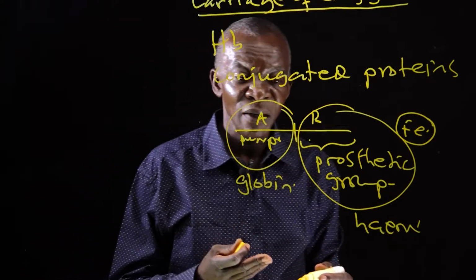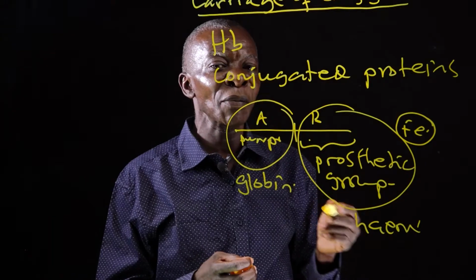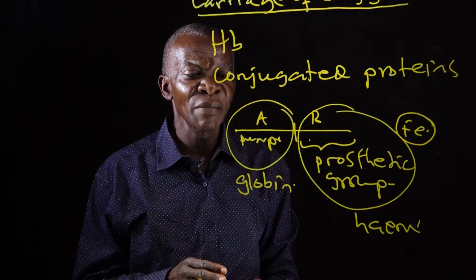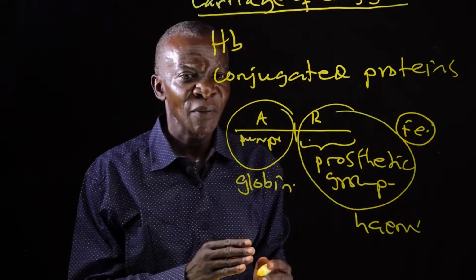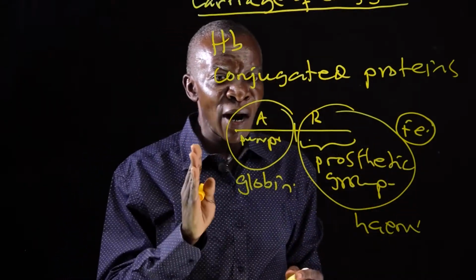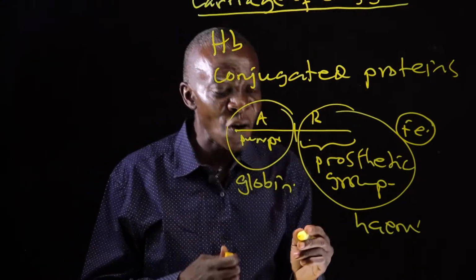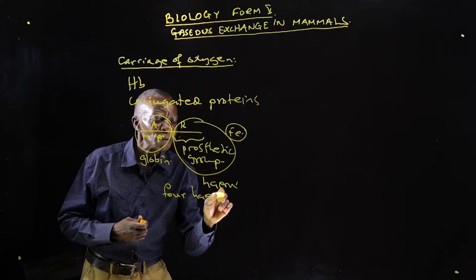We have said that a single hemoglobin molecule has 4 polypeptide chains. If each polypeptide chain is made up of globin and Haem groups, it means one hemoglobin molecule consists of 4 Haem groups.